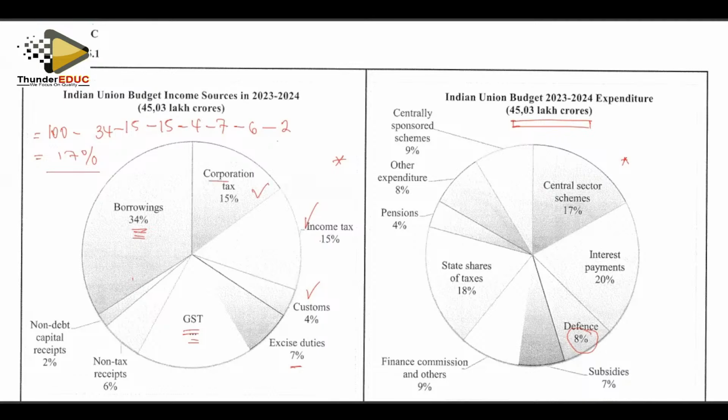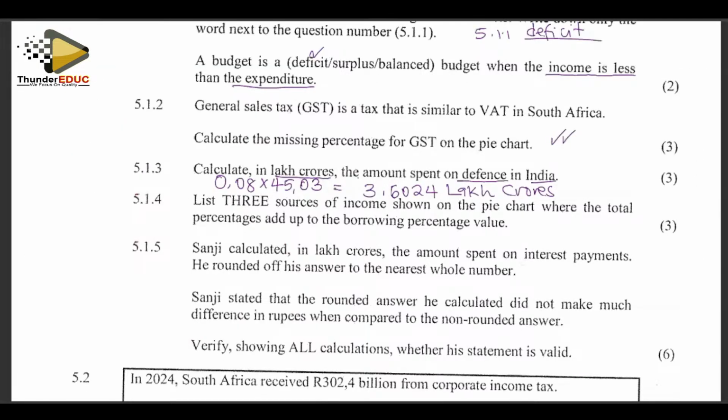So you are supposed to write these items down: corporation tax, then we have income tax, and lastly, customs.